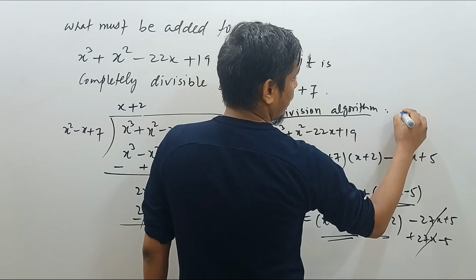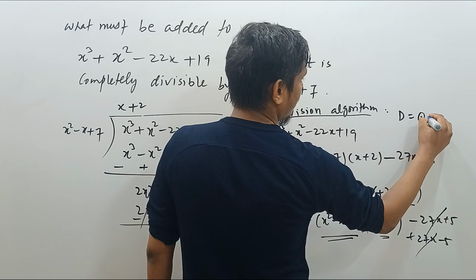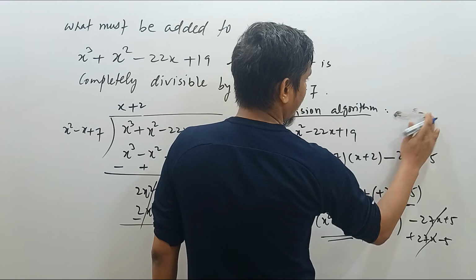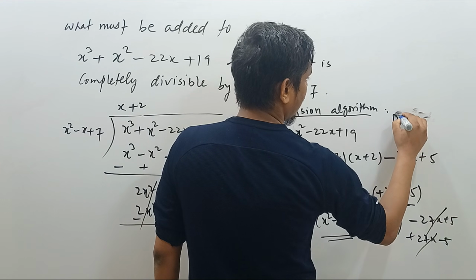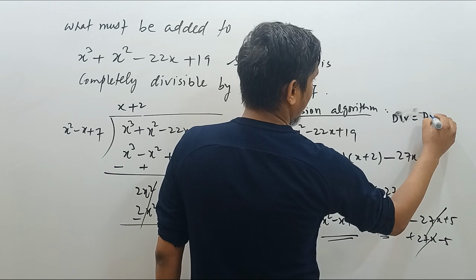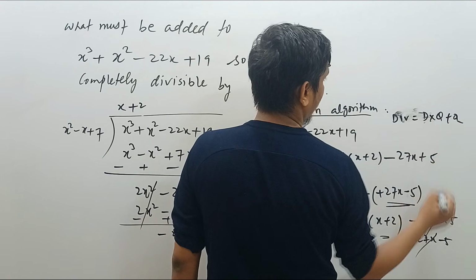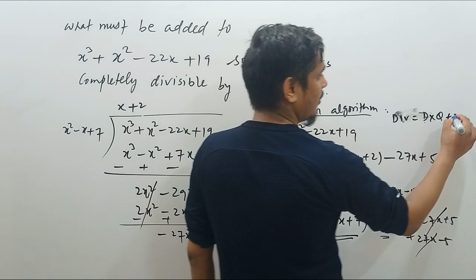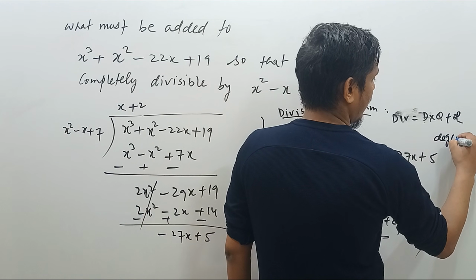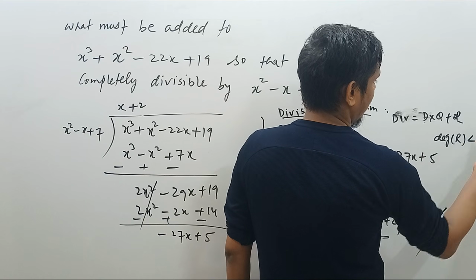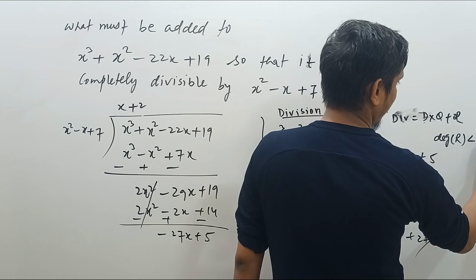What it says is that dividend is equal to divisor into quotient plus remainder, and the degree of remainder is less than degree of divisor.